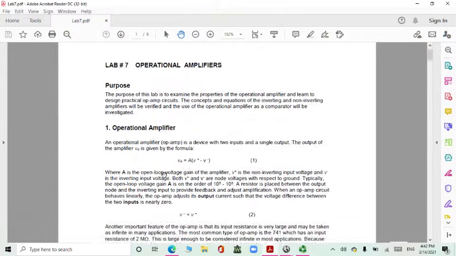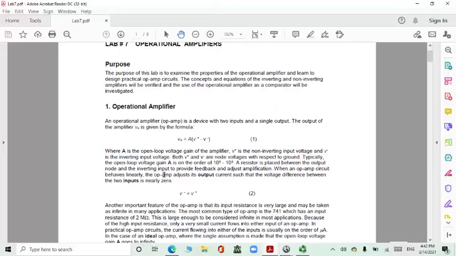You can see here that the inverting op-amp and the non-inverting op-amp each has its gain. There is a difference between the open loop gain and your amplifier gain. Your amplifier gain is simply output divided by input.